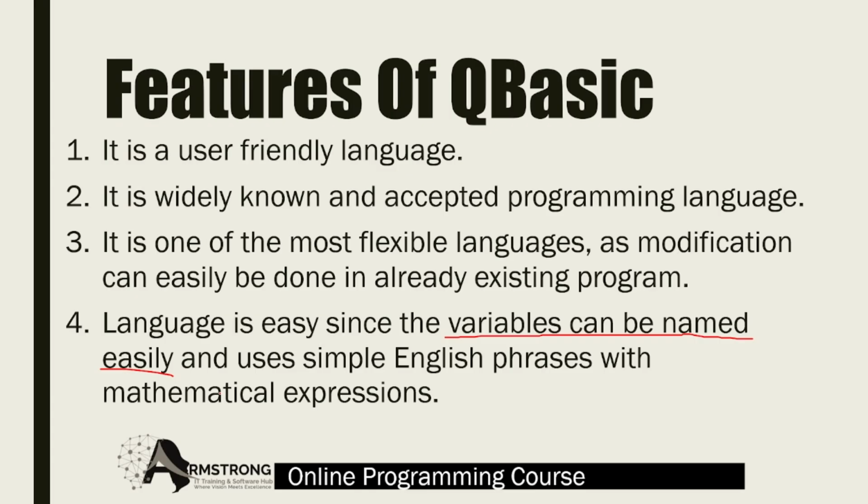So when I say Paul, you know that it is you, and you can respond to that. Don't worry, when we come to the practical aspect of types of variables, I'm going to throw more light on this for us to better understand. So it easily uses English phrases with mathematical expressions. That we must know, and how easy and flexible QBasic is.